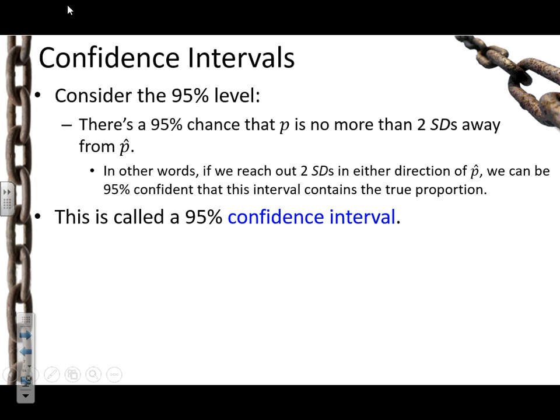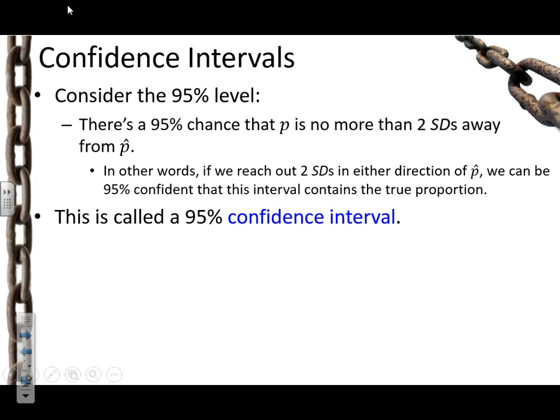Now, one of the things we'll discuss a little bit later on is that 68, 95, and 99.7 don't always give us the most options. So we're going to talk about how to use different percentages, like 90%, 99 just by itself, 80%, things like that. So we're going to talk about how to create different size intervals, but the main thing here is understanding what we're trying to accomplish.